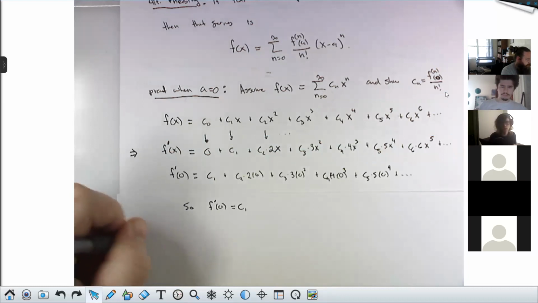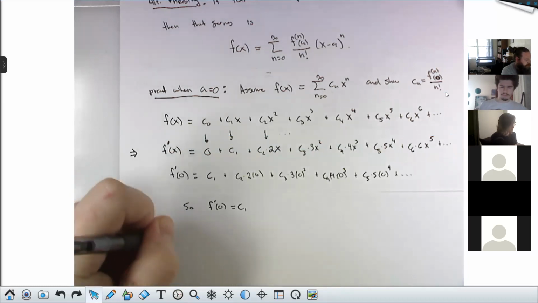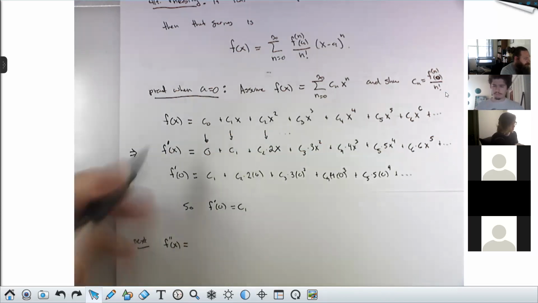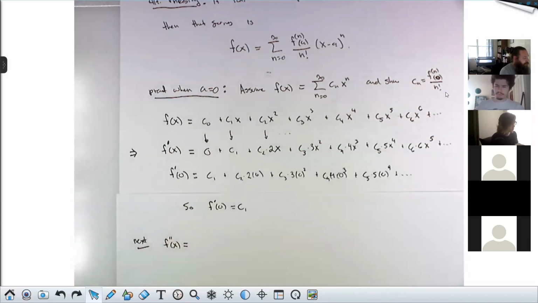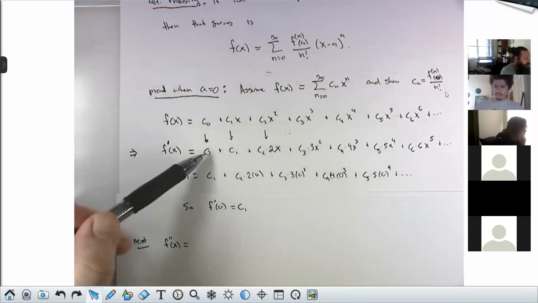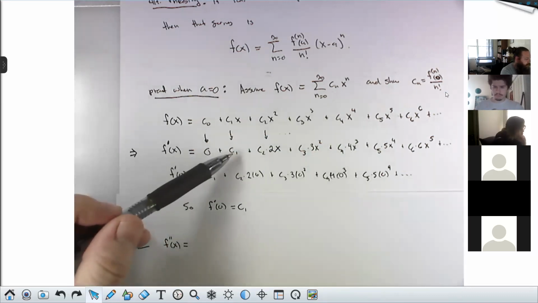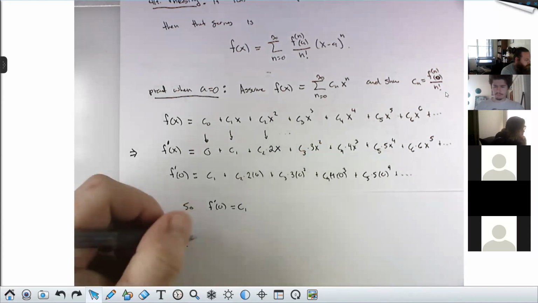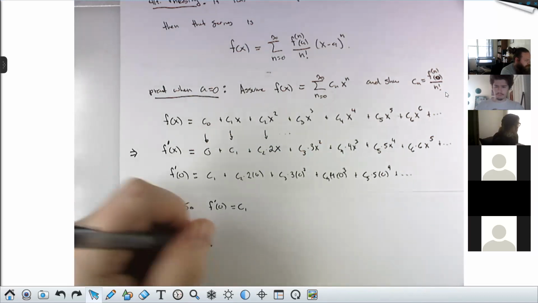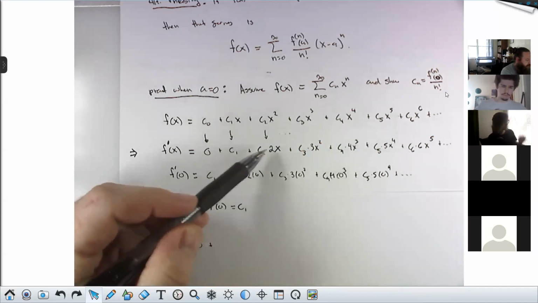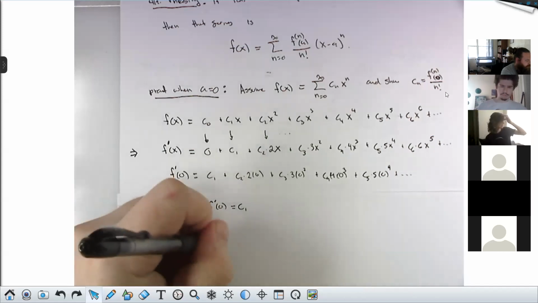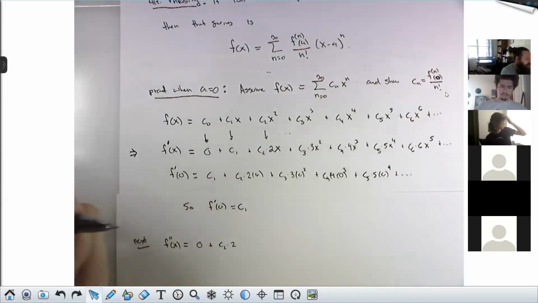Next. F double prime of x. I need to differentiate f prime. This 0, this is gone. C1 will now differentiate to 0. C2 times 2x is going to differentiate to C2 times 2.